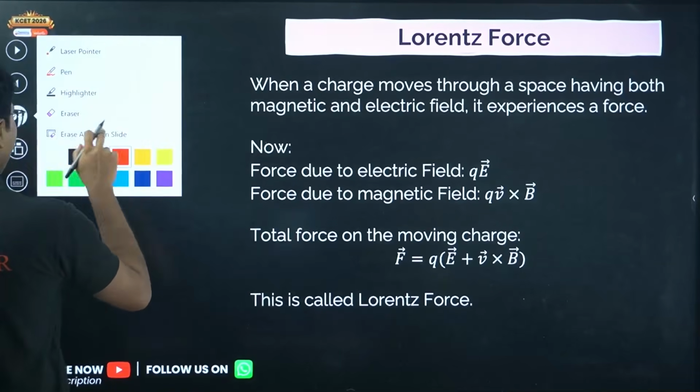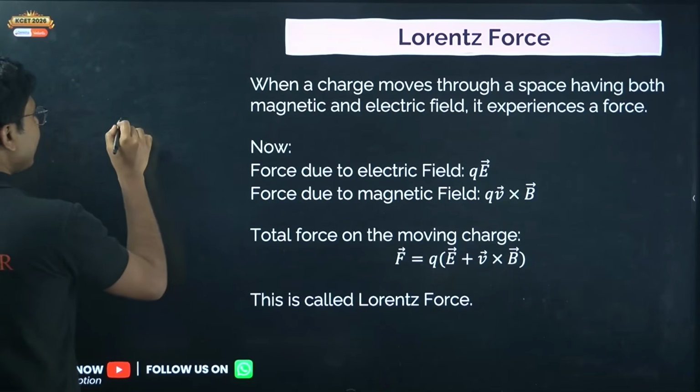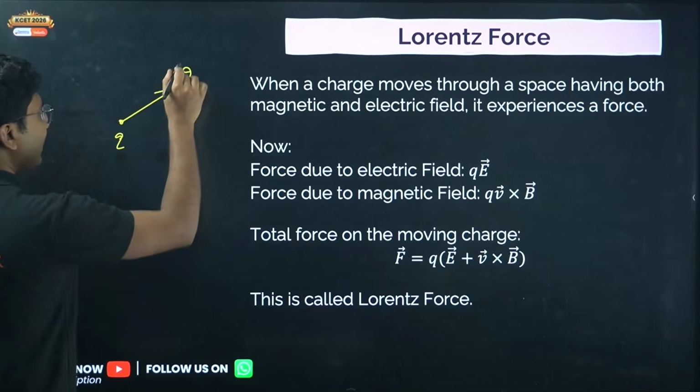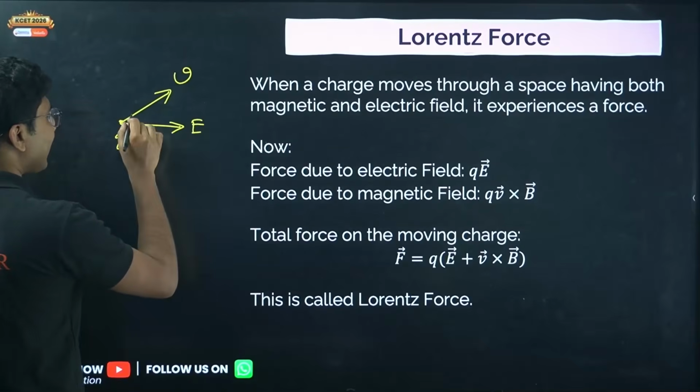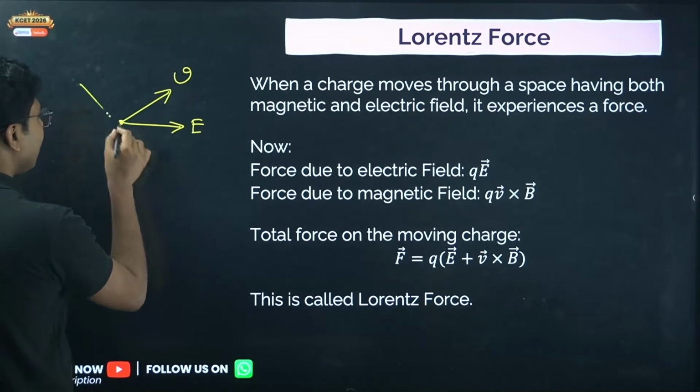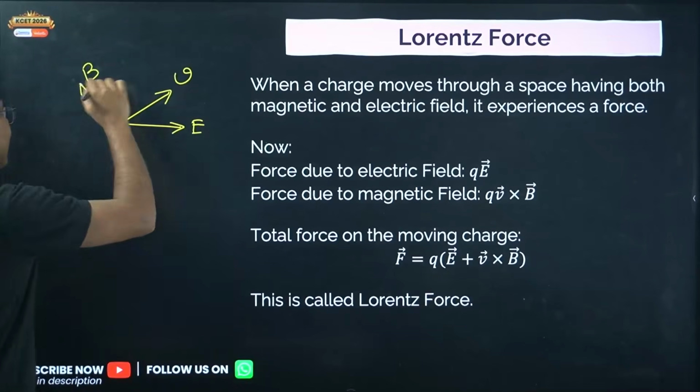So basically, when a charged particle, say Q, is moving with some velocity in an electric field as well as some magnetic field, they may be perpendicular, they can be in any direction, it does not matter.